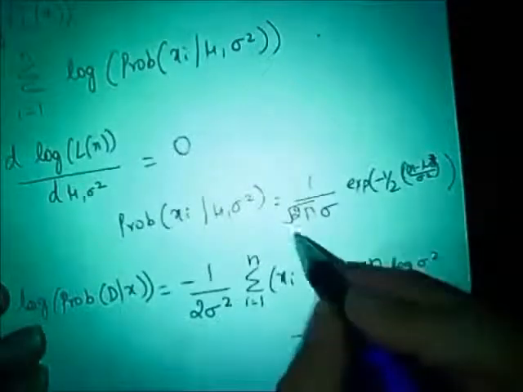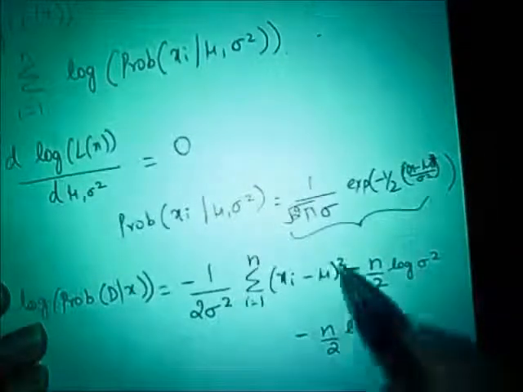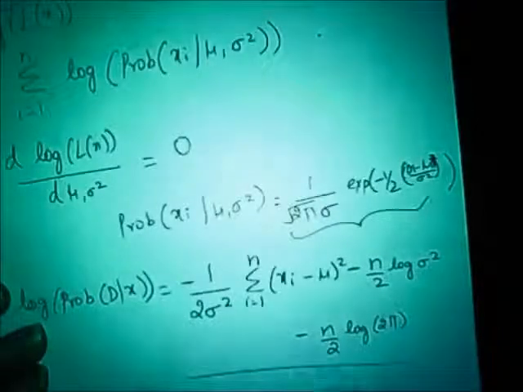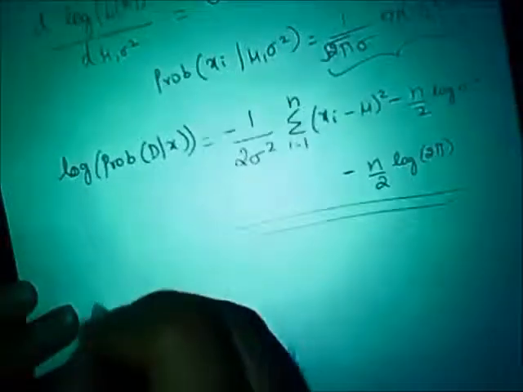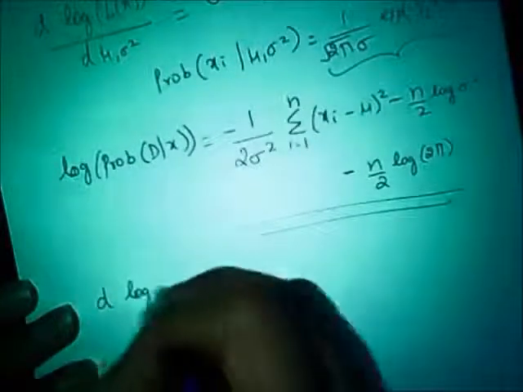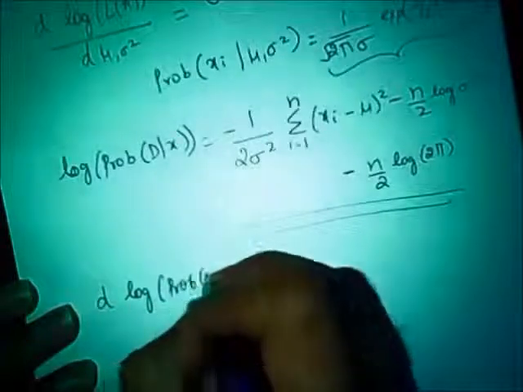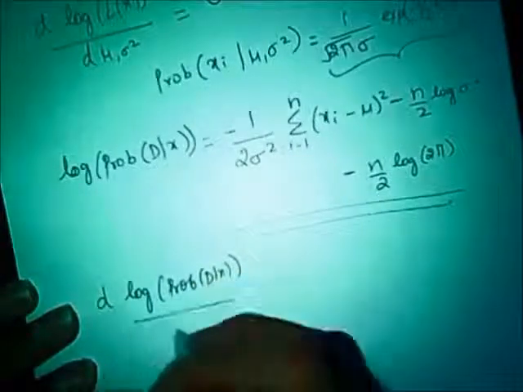So you can see that if you take the logarithm of this function, you would end up with this for the summation. So now that we have this, as you know, we are going to take the derivative of the log likelihood and set it to 0.